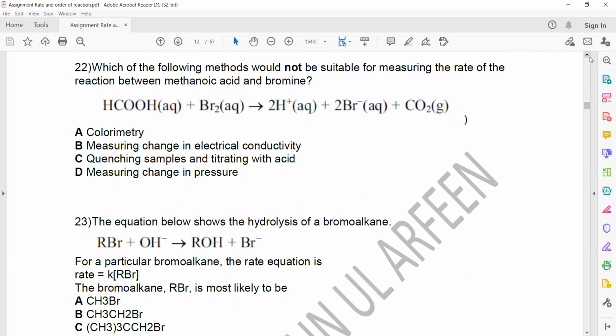22. Which of the following methods would not be suitable for measuring the rate of reaction between methanoic acid and bromine? C. So quenching and titrating with acid, yeah, because we don't have acid involved.